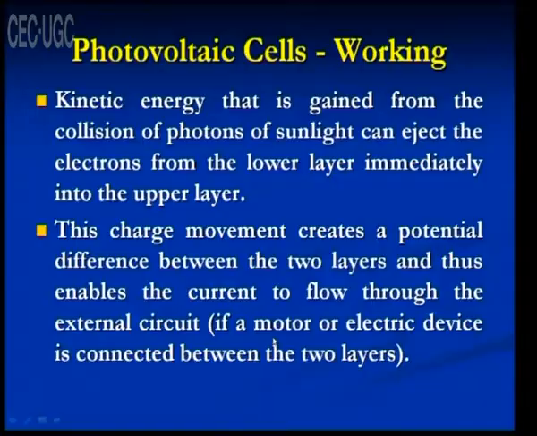When the electron jumps from one layer to the other, the electrons are available in the conduction layer very freely, able to move freely, which is nothing but the flow of charges, the flow of electrons, and this is nothing but the current generated in the system.